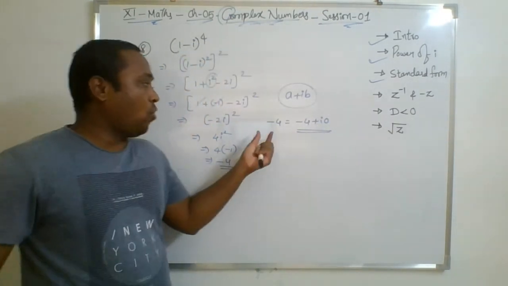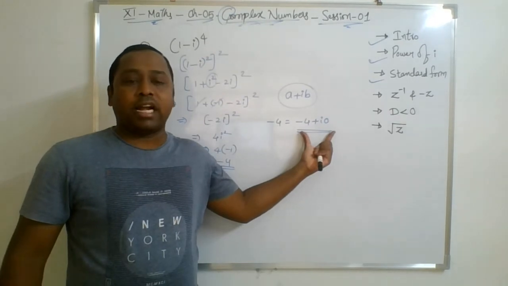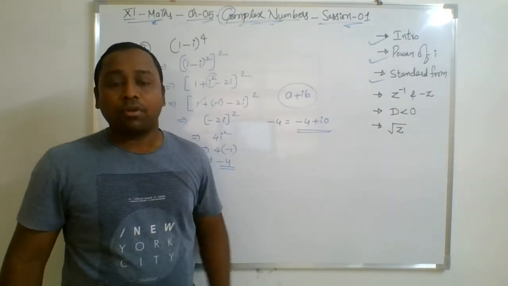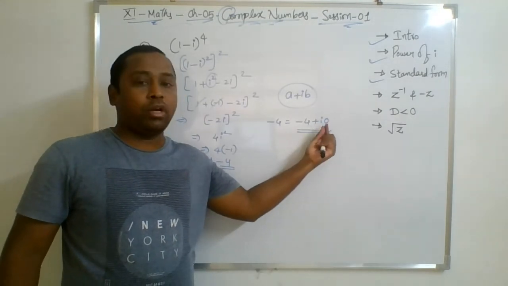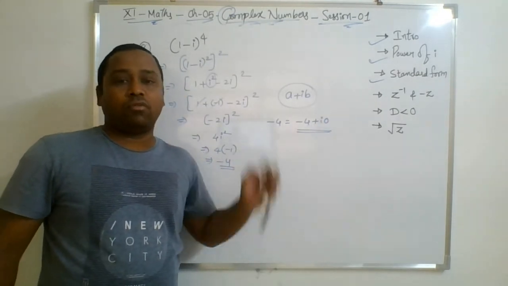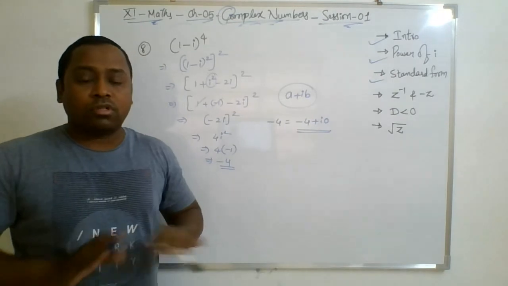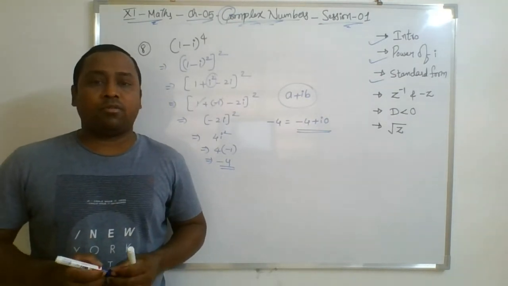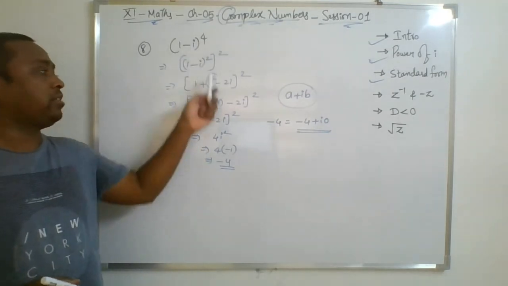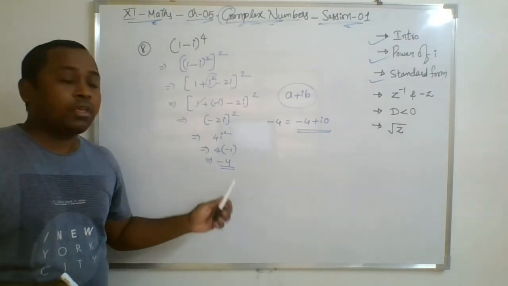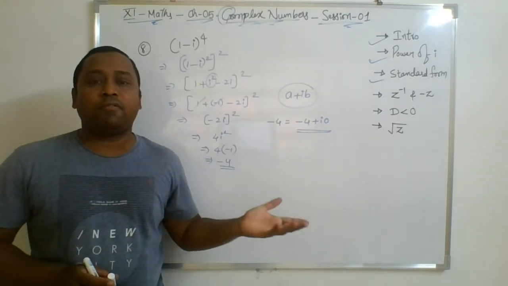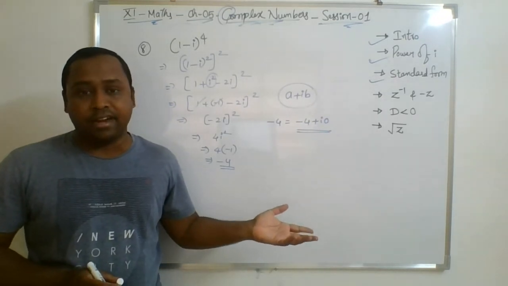So minus 4 को हम एक स्टैंडर्ड फॉर्म में कैसे लिख सकते हैं? Minus 4 plus i into 0. i into 0 is 0 only, hence minus 4 is equal to minus 4. So standard form means what we have to write: just simplify the value like in algebra, and whatever value comes, express it in the form of a plus ib at the end.